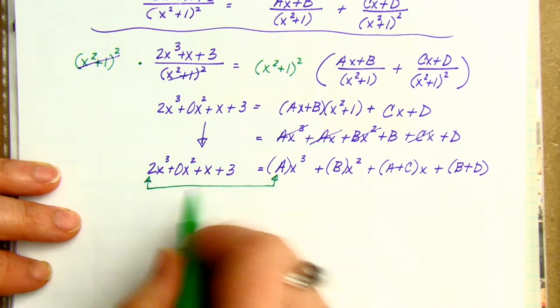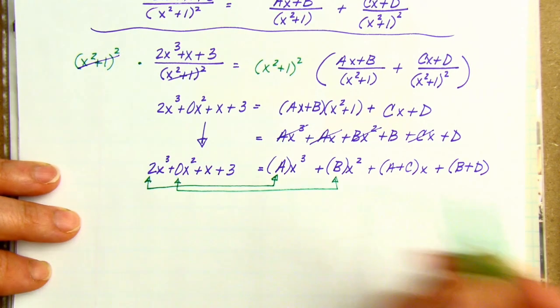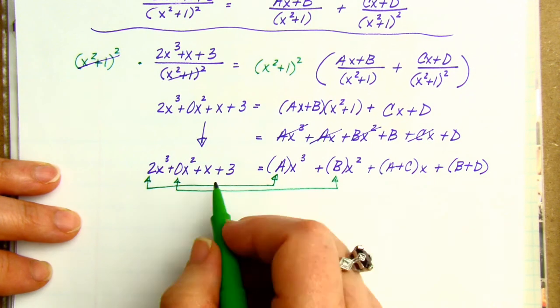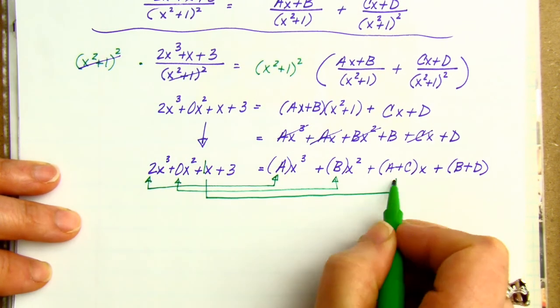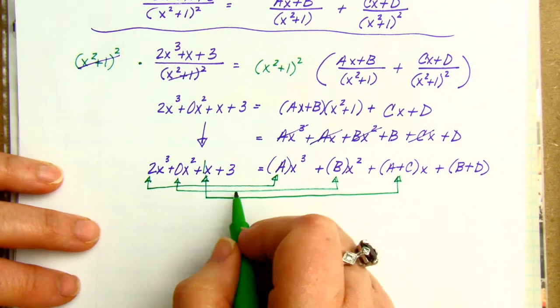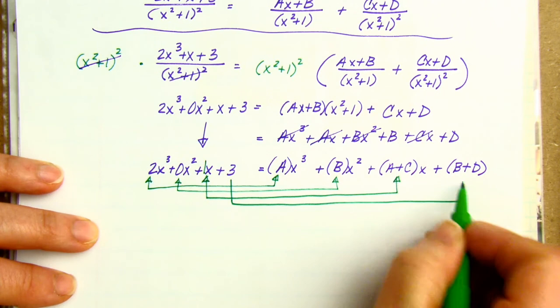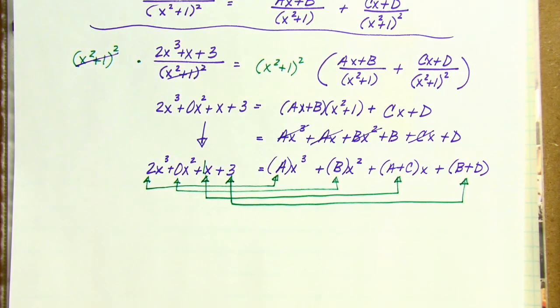B must equal 0. A plus c must equal 1. B plus d equals 3.